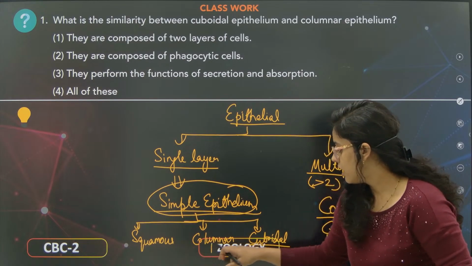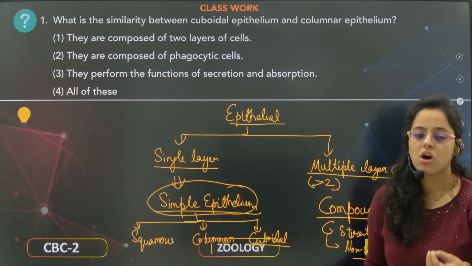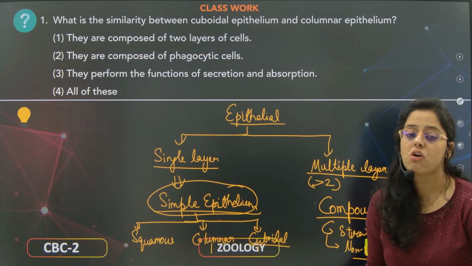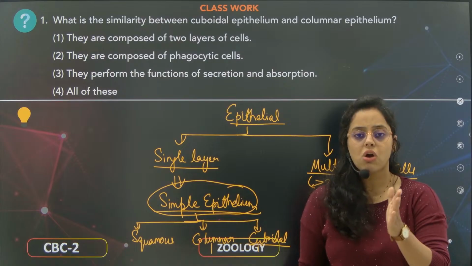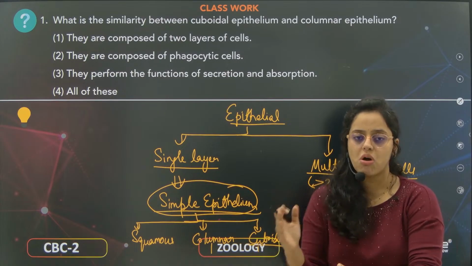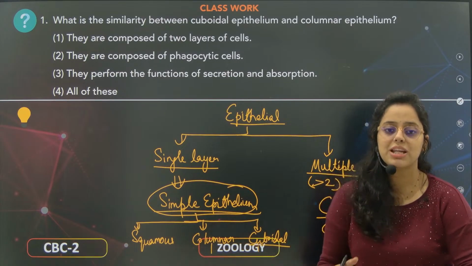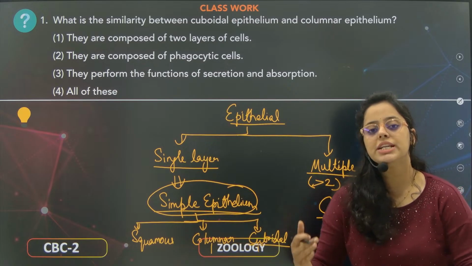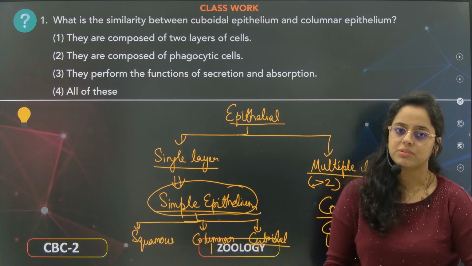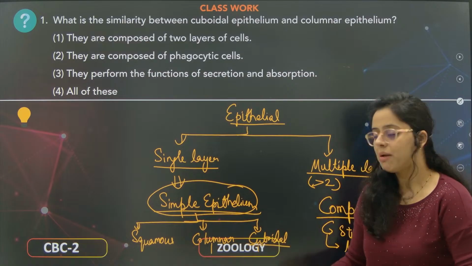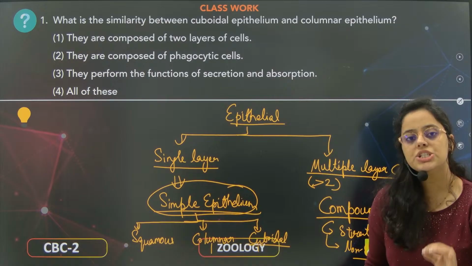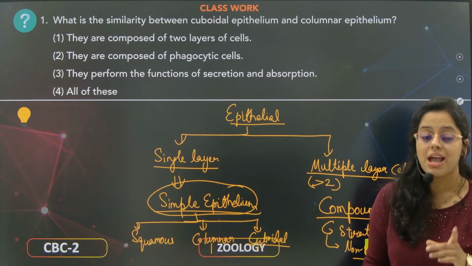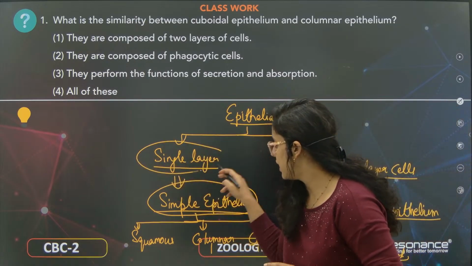They are modified forms of columnar or cuboidal epithelium, that is brush border columnar epithelium and brush border cuboidal epithelium. Similarly, ciliated columnar, ciliated cuboidal, glandular columnar and glandular cuboidal epithelium. So they are generally for secretion and absorption, and they are made up of a single layer of cells.